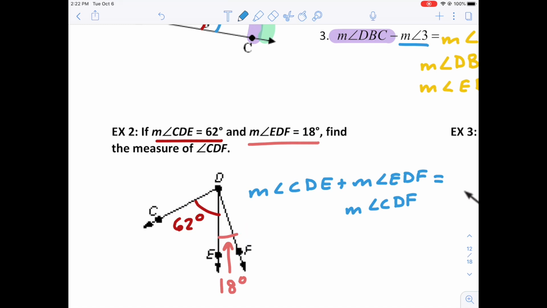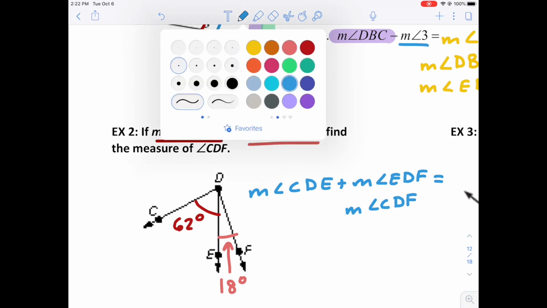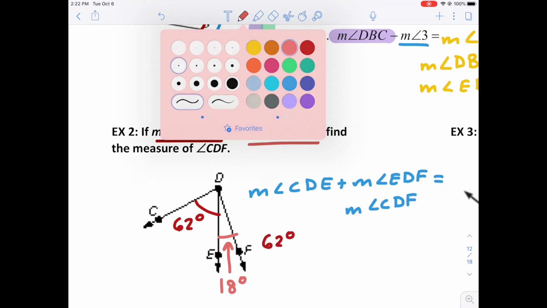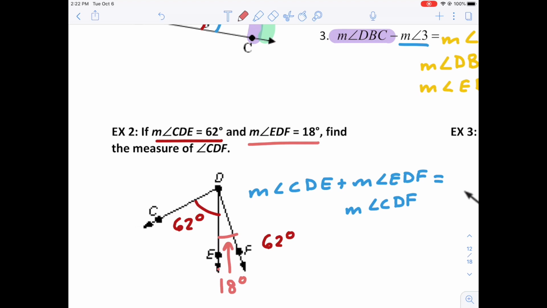And then what I can do is substitute in what I know. So I know that the measure of angle CDE is 62 degrees. I know that the measure of angle EDF is 18 degrees. And that is going to give me the measure of angle CDF.